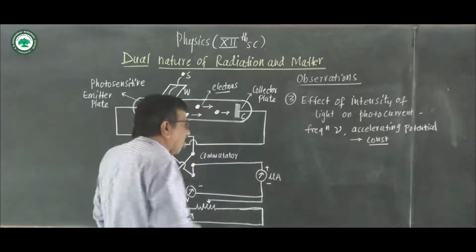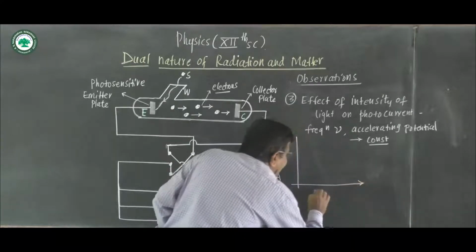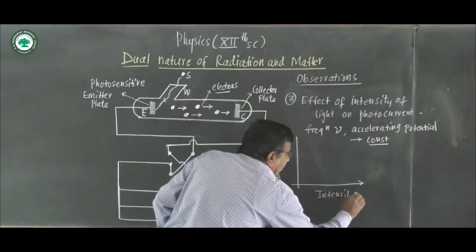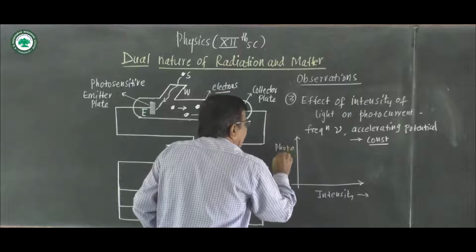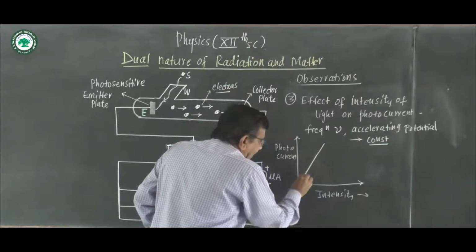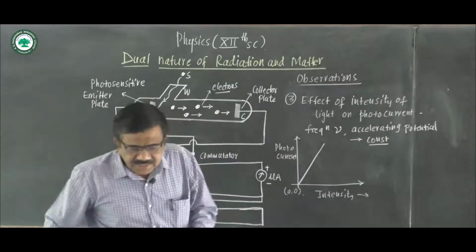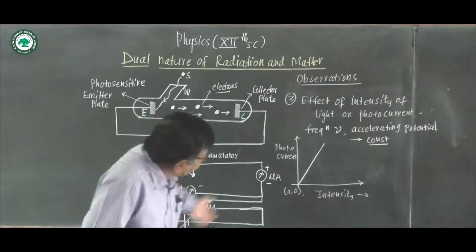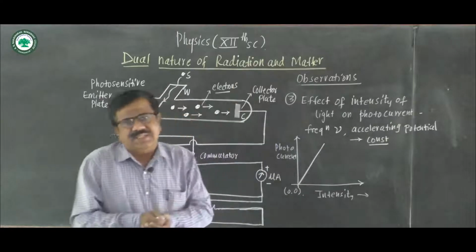If we plot a graph of photocurrent against the intensity of light, this graph is a straight line passing through the origin. It indicates that as intensity is increased, the photoelectric current also increases.